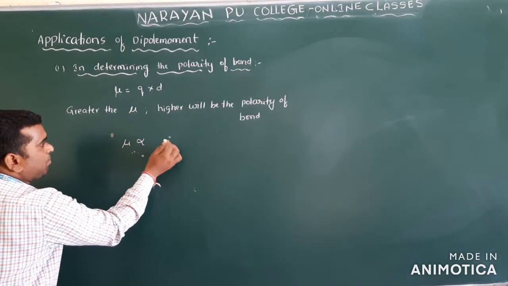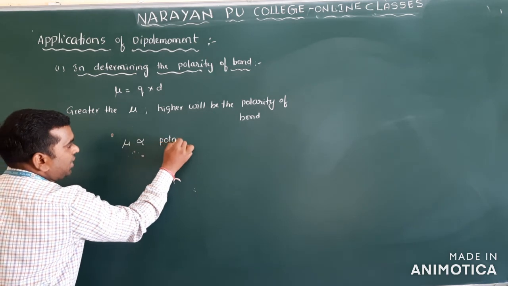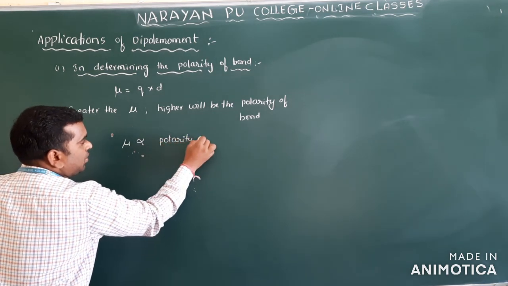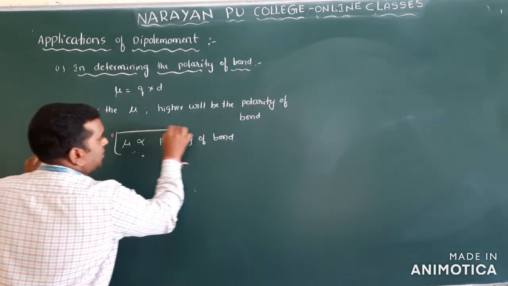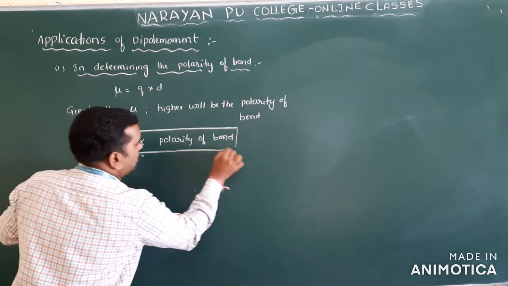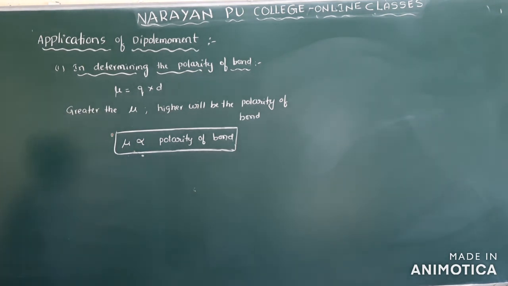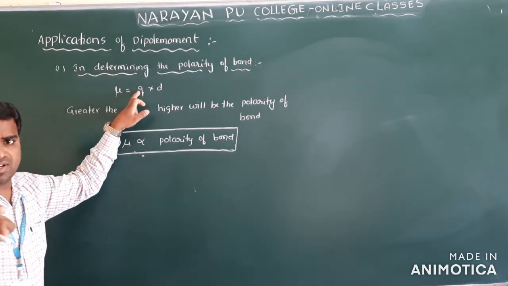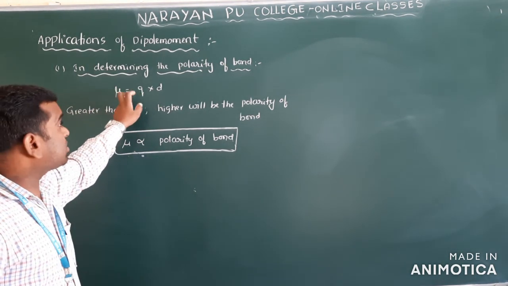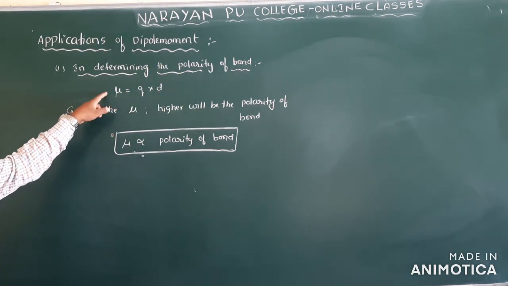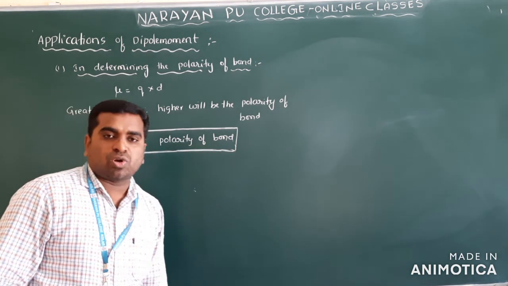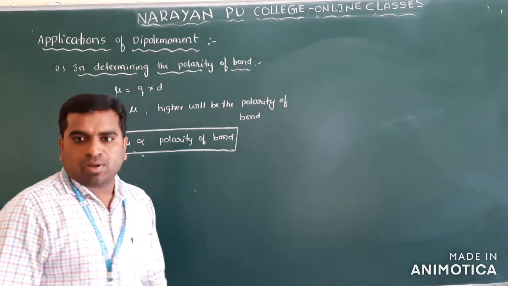Mu is directly proportional to the polarity of the bond. When polarity increases, the charge increases, and so the dipole moment increases. So we can say the dipole moment is directly proportional to the polarity of the bond.